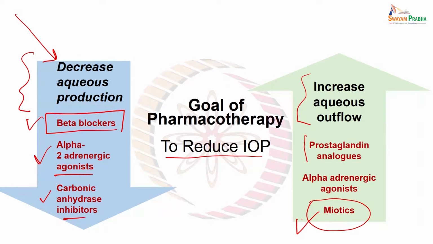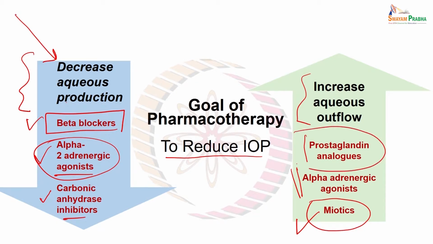You will recall that mydriatic agents like atropine, or atropine-like drugs such as antihistaminics and antidepressants, block the canal of Schlemm and therefore precipitate glaucoma. Alpha adrenergic agonists have a dual action: they reduce the production as well as increase outflow.